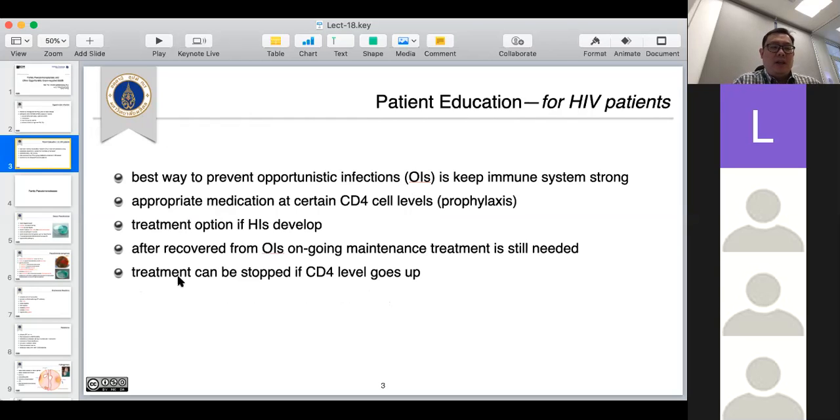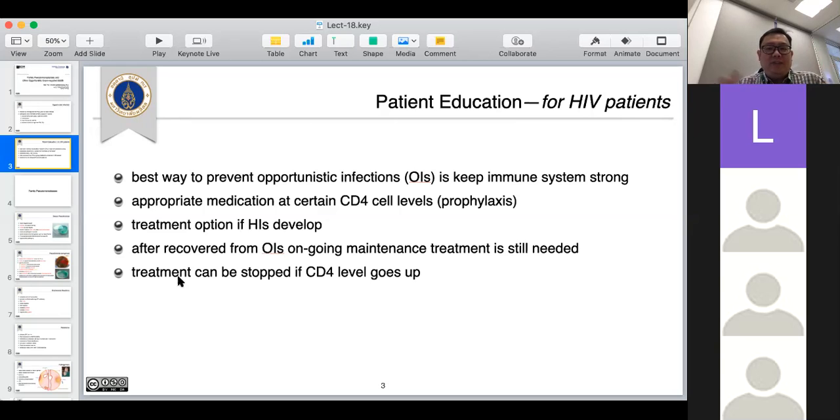But after we got HIV, we know at least tuberculosis, some fungi, for example yeast, some bacteria, and some viruses, for example cytomegalovirus, are also causative agents of OI, opportunistic infection. But in this lecture, we focus on bacterial opportunistic pathogens.